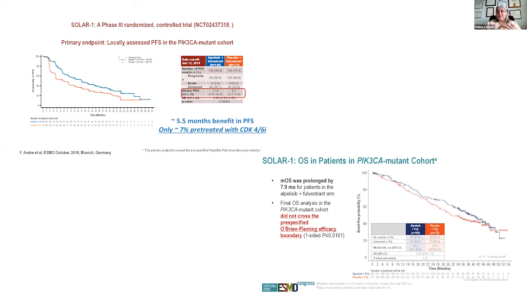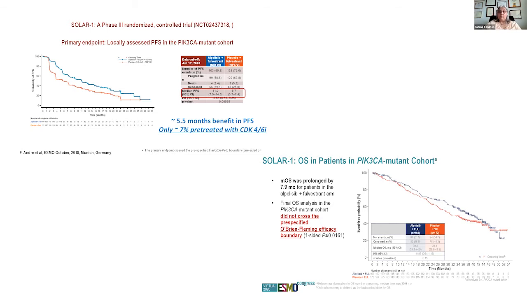Then it was not sufficiently powered to see the survival benefit. So it means that statistically, there is no benefit in survival. There is a change in the curves. So maybe if the trial was bigger, we would have seen a statistically significant difference. But as it is, we don't see it.